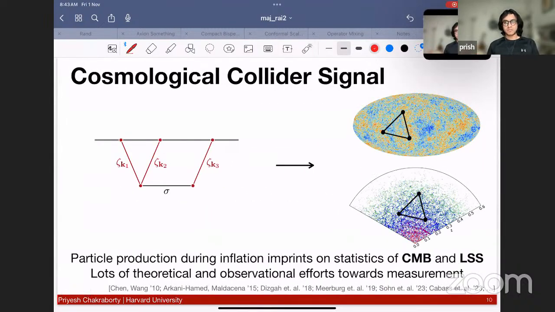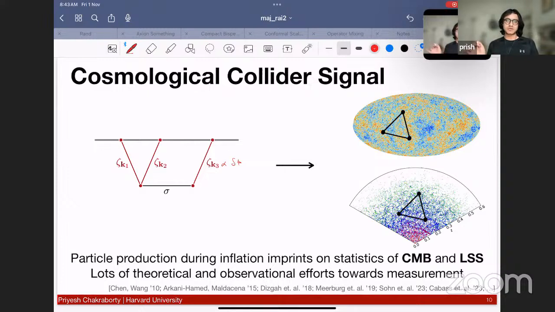Okay, so what is this cosmological collider signal? Under the standard inflationary paradigm, we know that the CMB maps and galaxy maps are all seeded by primordial fluctuations of something we call the inflaton, which is related to what I call zeta over here, some fluctuations of some inflaton field.